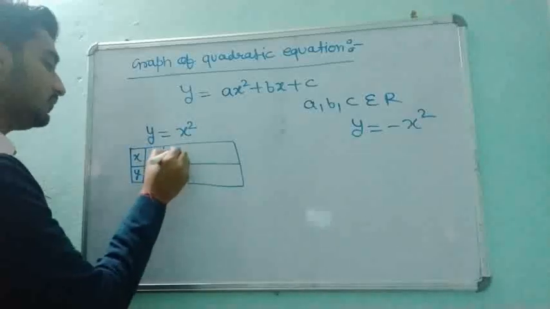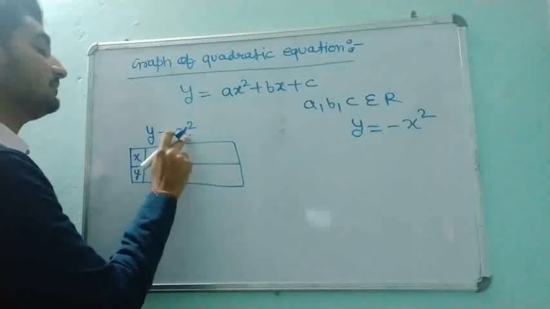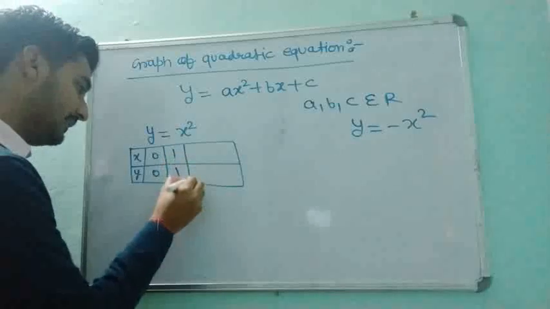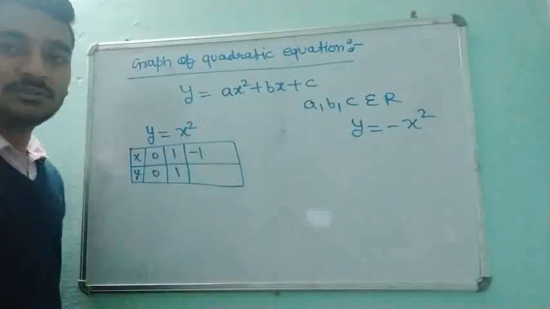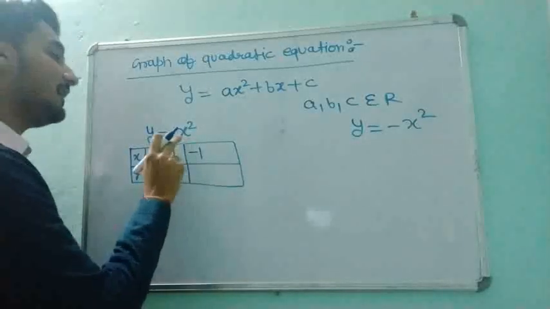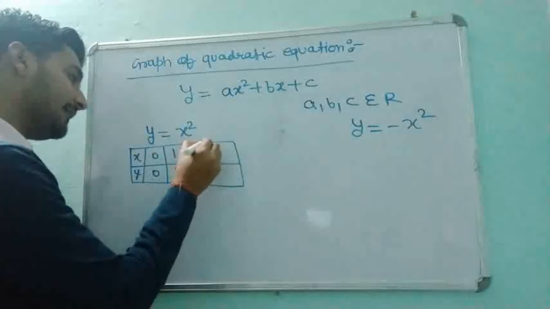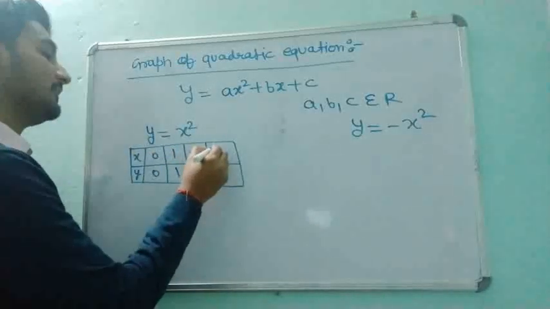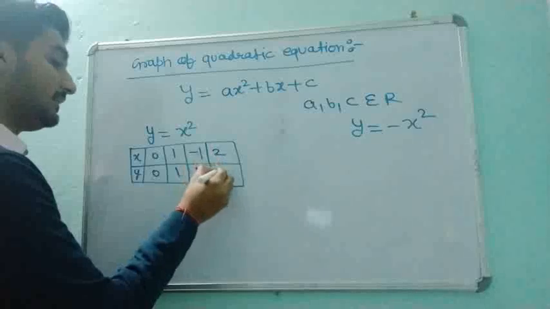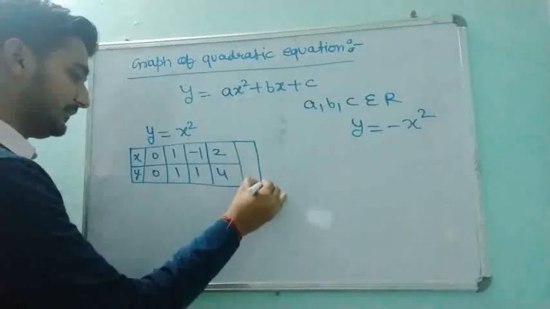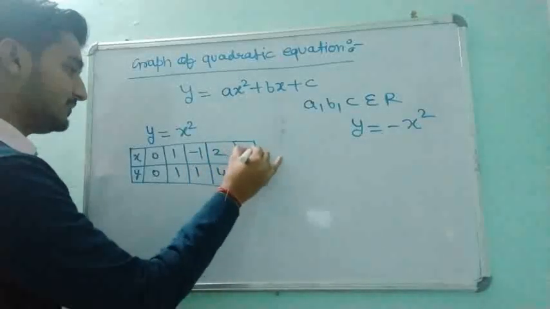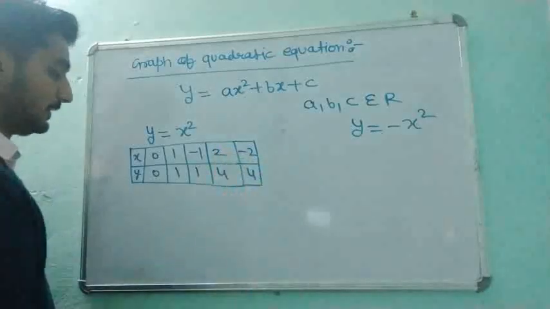If we put x equals 1, we get y as 1 square, that is 1 only. If we put x equals minus 1, minus 1 square is 1. The square of any negative number is positive. If you put x equals 2, 2 square is 4. Similarly for x equals minus 2, this is 4.